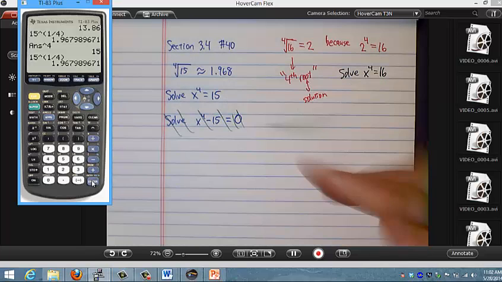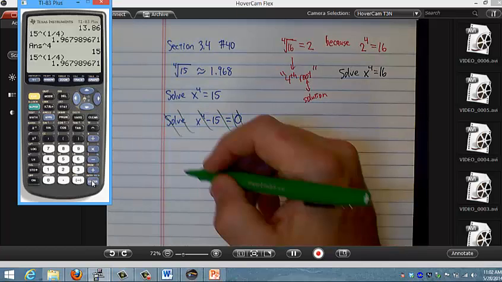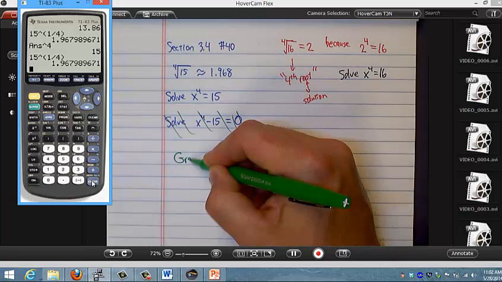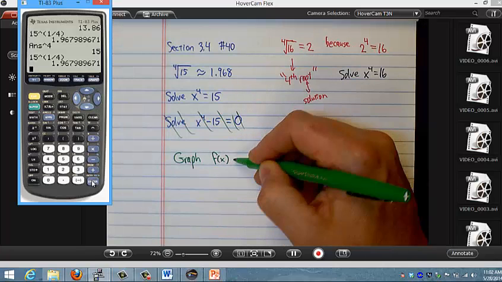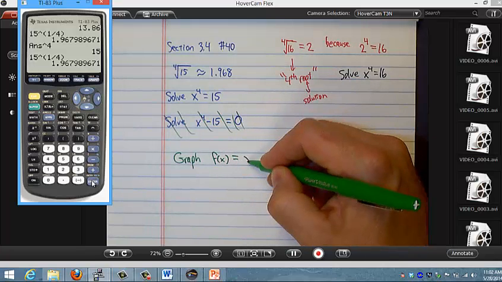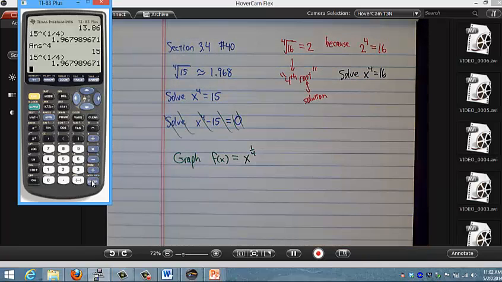Okay. Let's do this. Let's graph the following function, because we need a function, and let's do x to the 1/4 power. And again, I may not know what that looks like offhand. So this is where the graphing calculator can help.